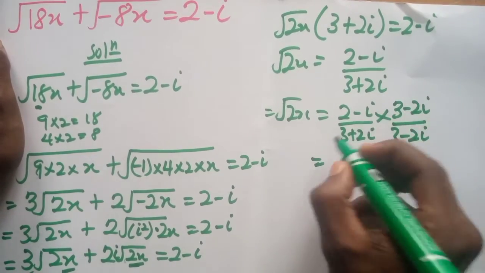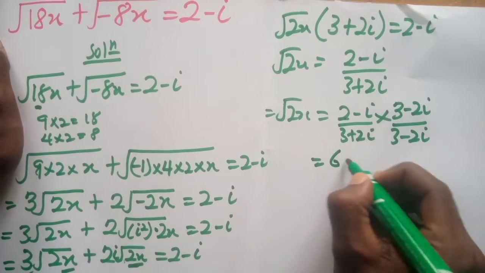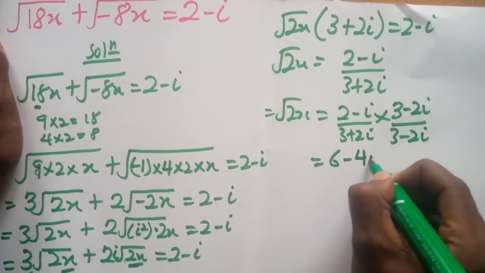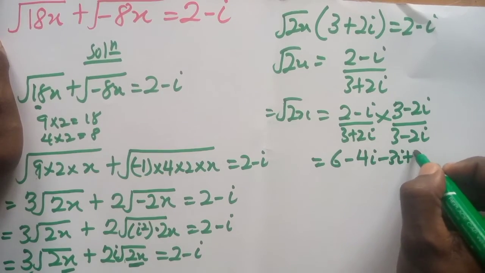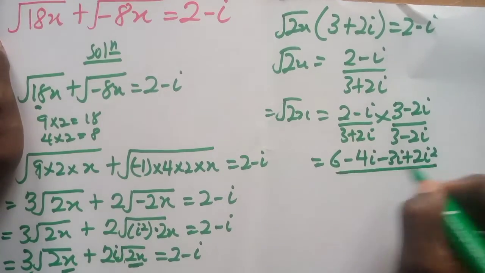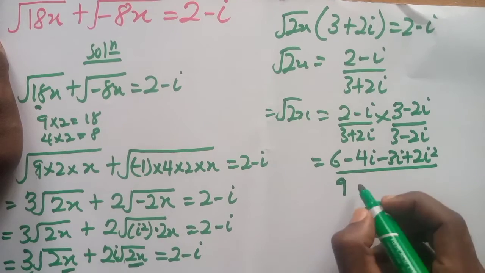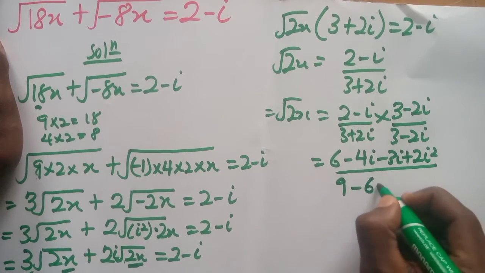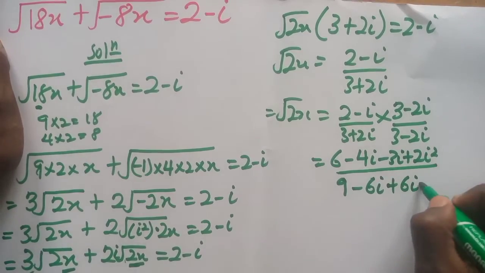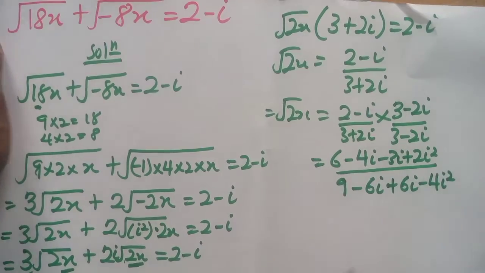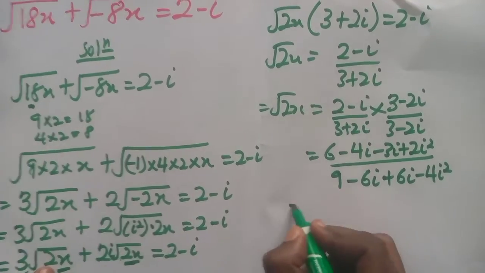So let's expand that. It becomes 2 times 3, 6, minus 4i, and then minus 3i plus 2i squared, being divided by 3 times 3, 9, 3 times minus 2i, minus 6i, and then plus 6i, and then minus 4i squared. Very easy, right?